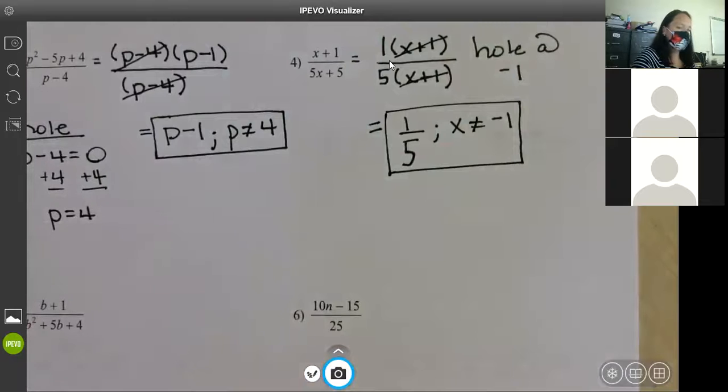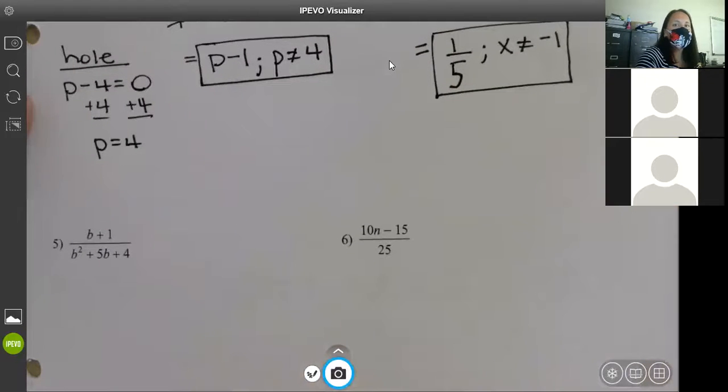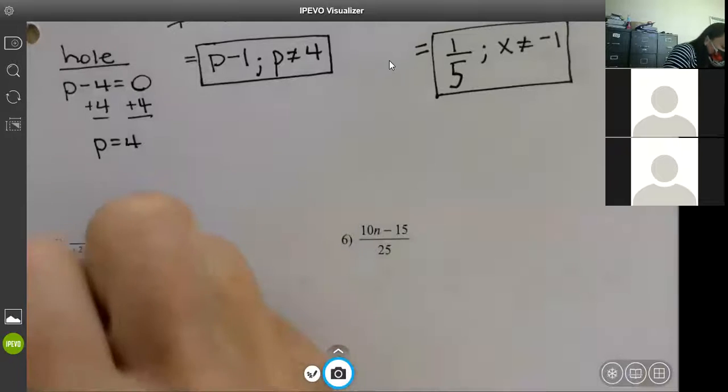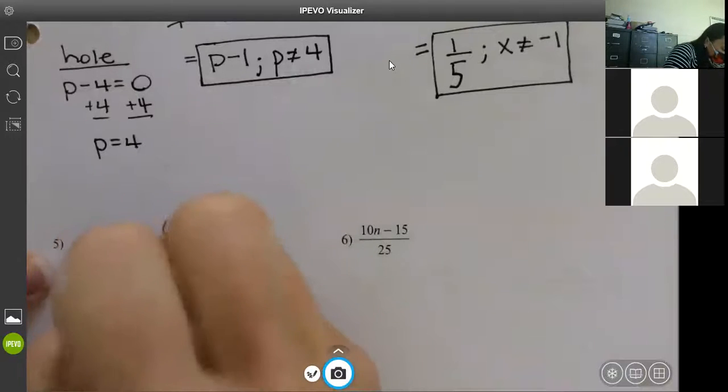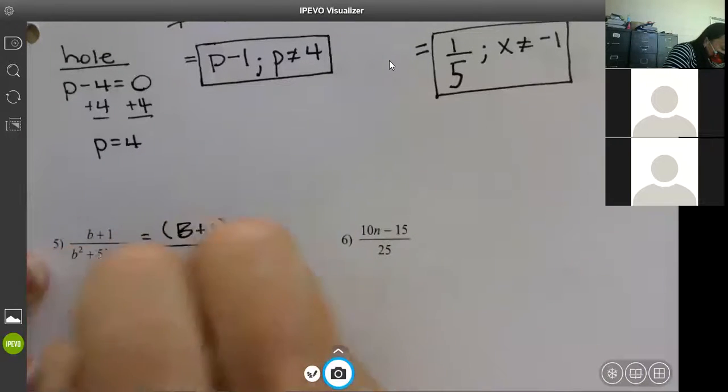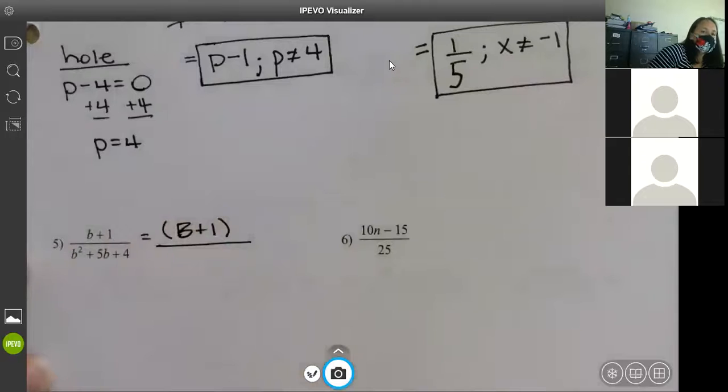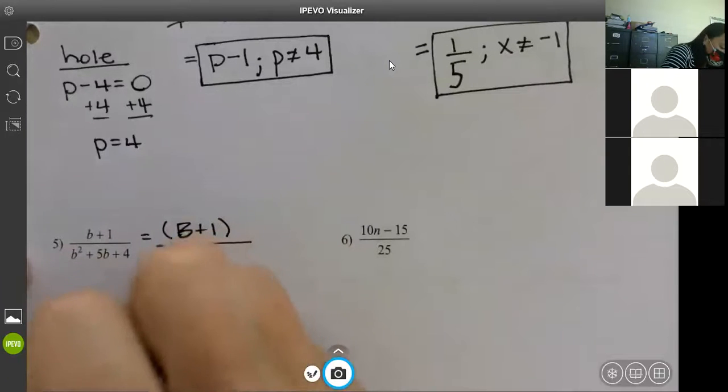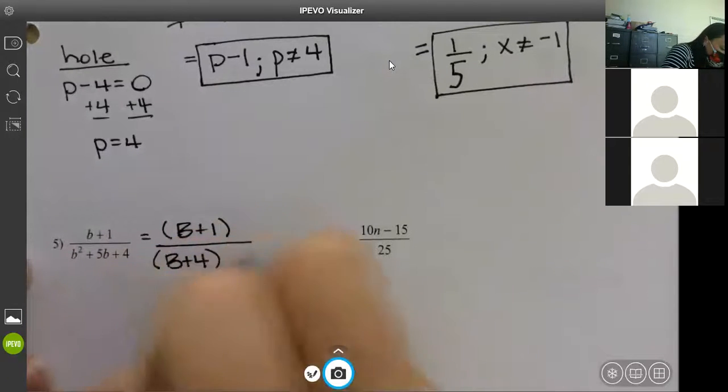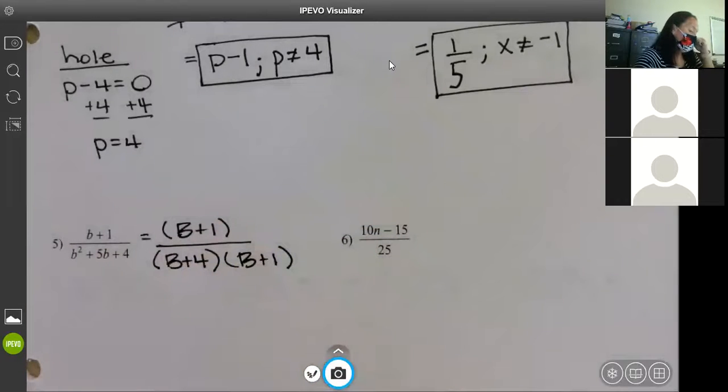All right. Look at number 5. The top will not factor. It's singular all by itself. There's nothing I can do. What about the bottom? What does it factor into? B plus 4, b plus 1. What happens?